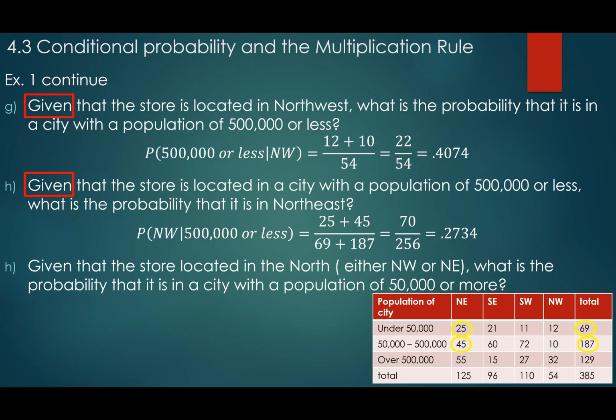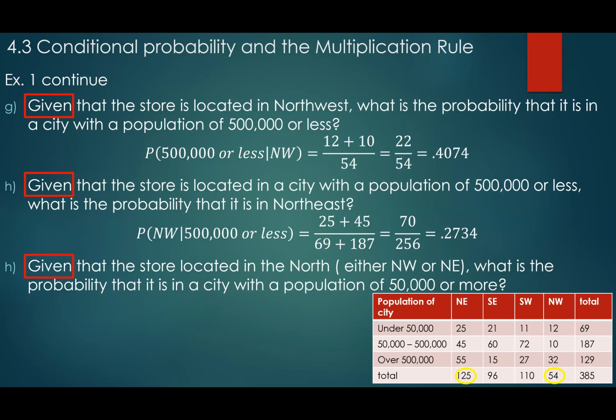And now, once you see this thing here, they ask us what is the probability that the population is 50,000 or more? So in this case, do you agree that this is Northwest and this is Northeast, which is, again, we have those as my new denominator.